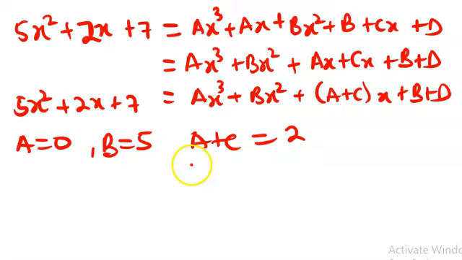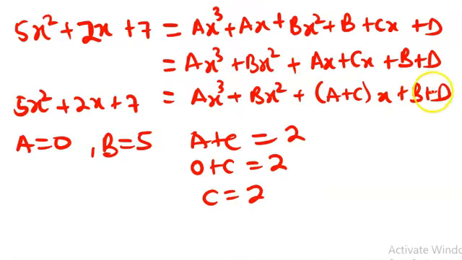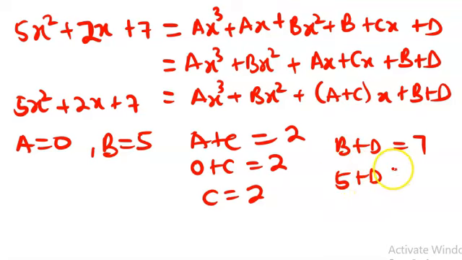But we said that a is equal to 0, so 0 plus c is equal to 2. c will also be 2. And let's come to b plus d, the constant term. So b plus d is 7. Do we know b? b is 5. So 5 plus d equals 7, d will be 7 minus 5.